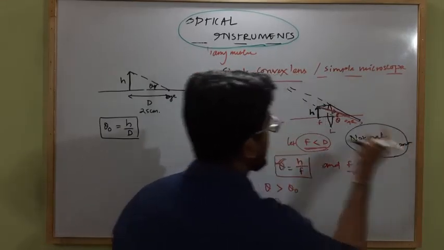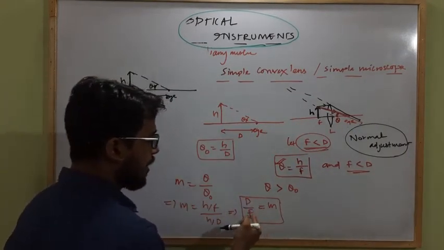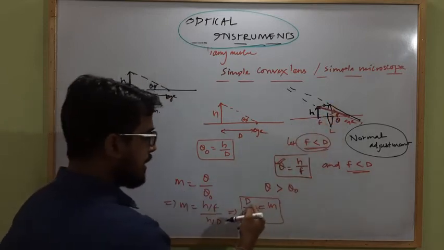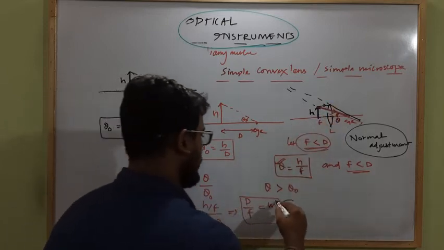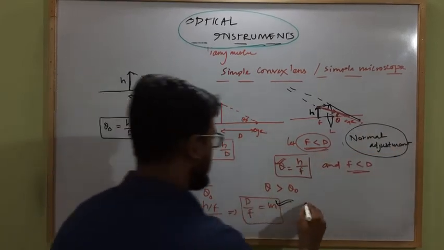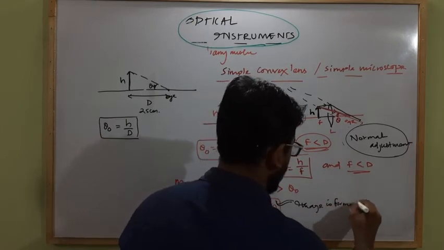Okay, so when the image is formed at infinity, the magnification is d by f, where f is the focal length of the simple microscope and d is the least distance of distinct vision. So this will be the magnification in the case of normal adjustment, and here the image is formed at infinity.